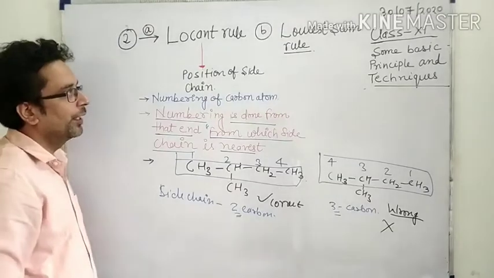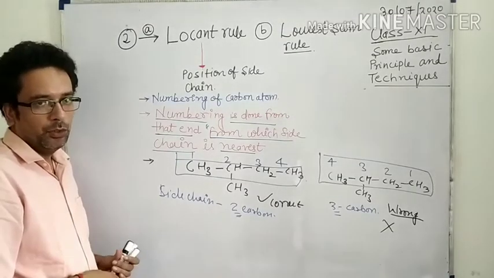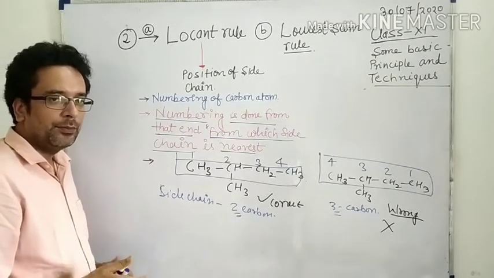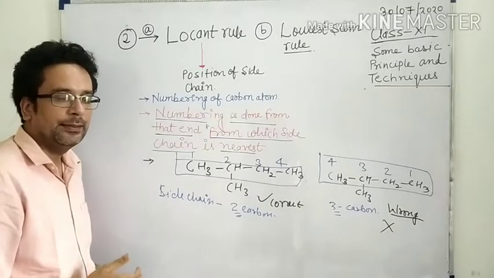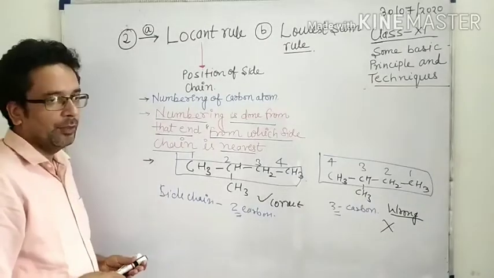So this is the locant rule. Simply we identify the position of locants by giving the number, and numbering is done from that end from which the side chain is nearest. Okay, now what about the lowest sum rule?